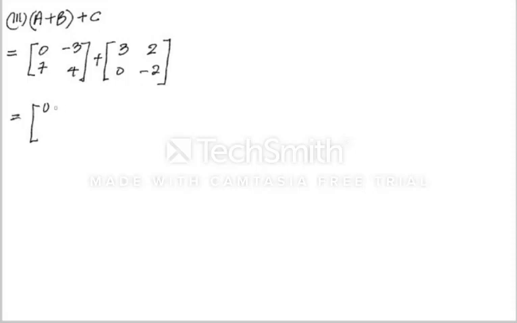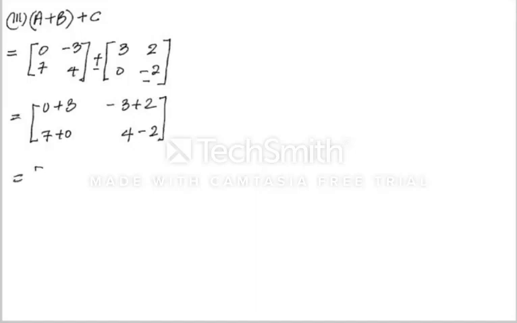So this is 0 plus 3. Top left elements, minus 3 plus 2. Top right elements, 7 plus 0. Bottom left elements, 4 plus a negative 2.